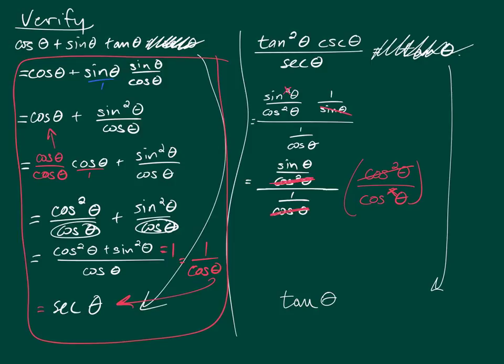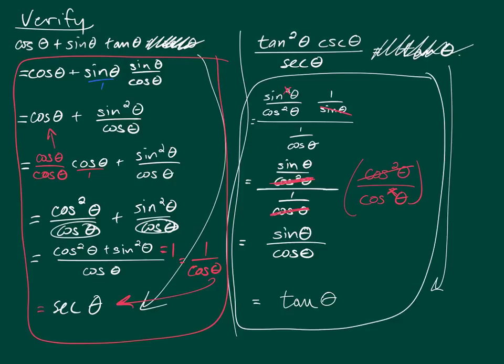So this leaves me with a sine theta in the top and a cosine theta in the bottom, which is tangent. So again, all of this work here in this bubble is what you need in order to successfully verify that tangent squared theta cosecant theta secant over secant theta is the same thing as tangent theta.